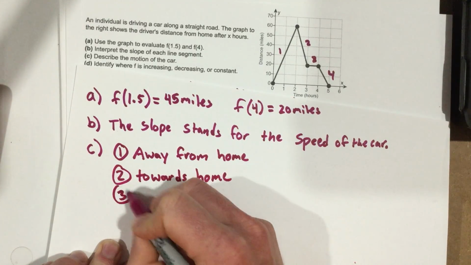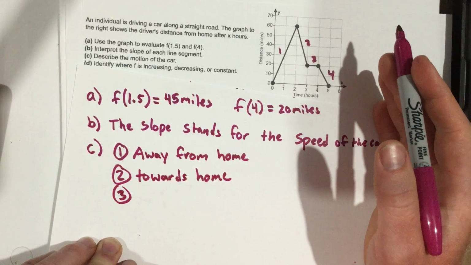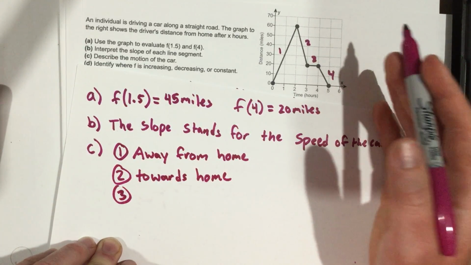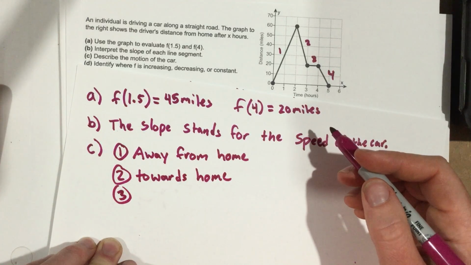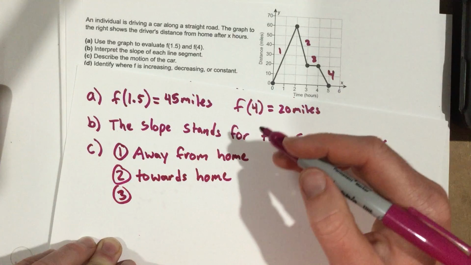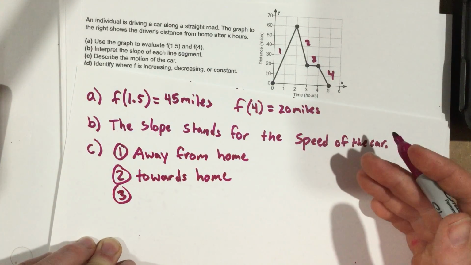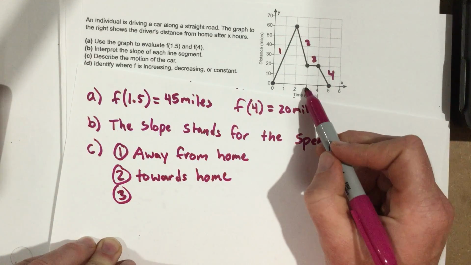Part 3, it's a flat line. Now, it's possible for a person to drive and not get any closer to home, but they would have to go on an arc, a circle around their home, right? If you're driving, you're moving, and that would be kind of impossible to do over an hour.